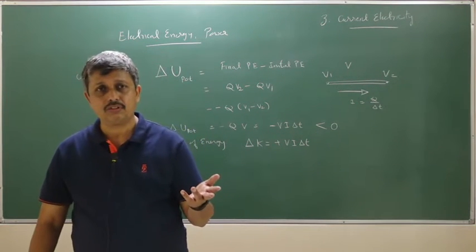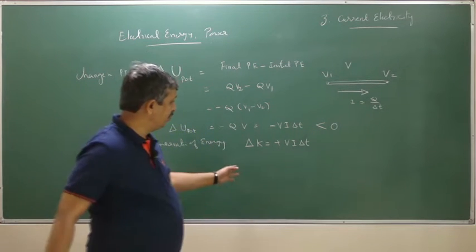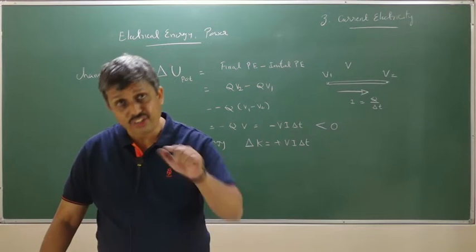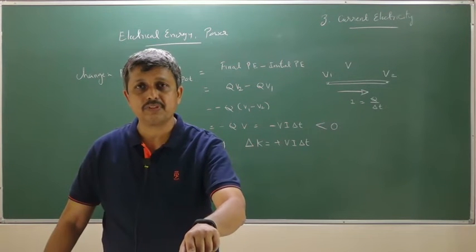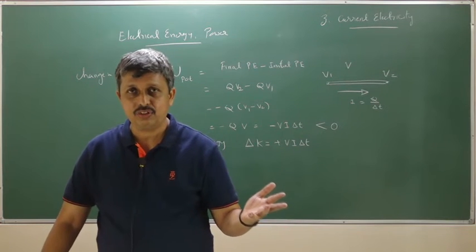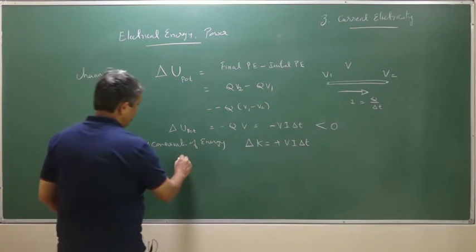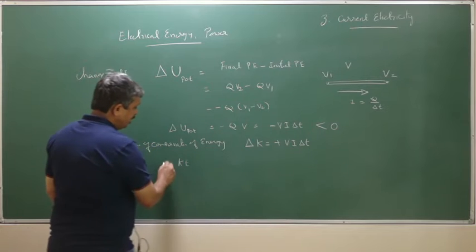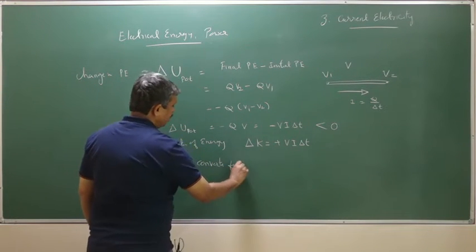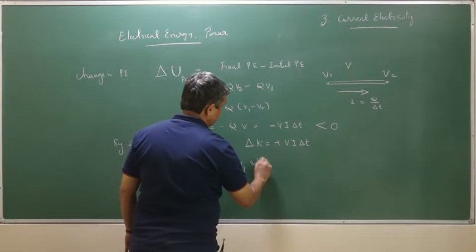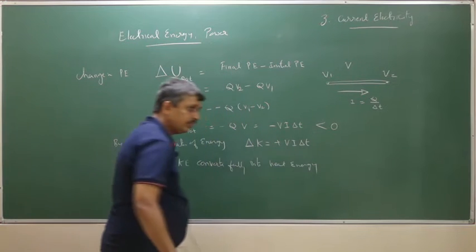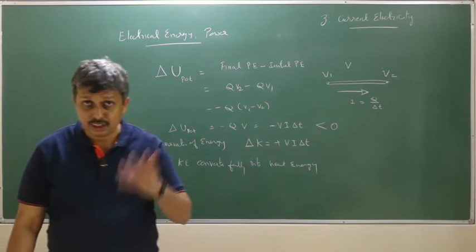Now if delta K is 0, then the law of conservation of energy will not hold within the electrical system by itself. What is happening is the energy is getting converted into heat energy. This whole change in kinetic energy converts fully into heat energy, and that we call electrical energy.